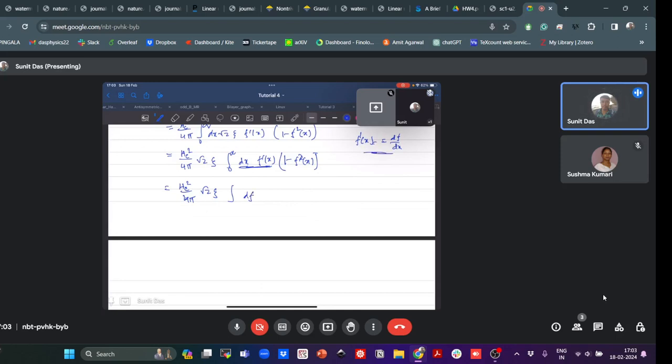So then df 1 minus f square x. So what will be the limit? If x goes to infinity, f goes to 1, and if x goes to 0, f goes to 0, right? So 0 to 1.